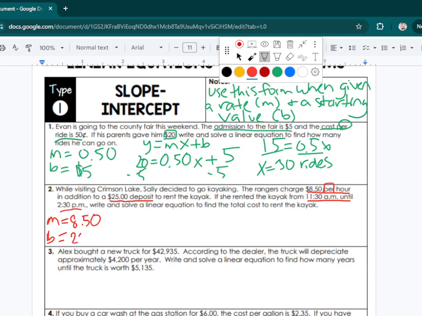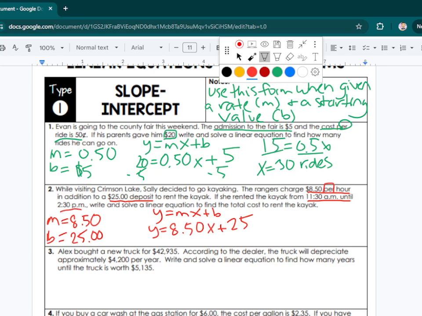So that would be that $25 deposit. So slope-intercept form is y equals mx plus b. In this case, we don't know what y is. We know that m is 8.50. We can figure out x in a second, and then b is 25.